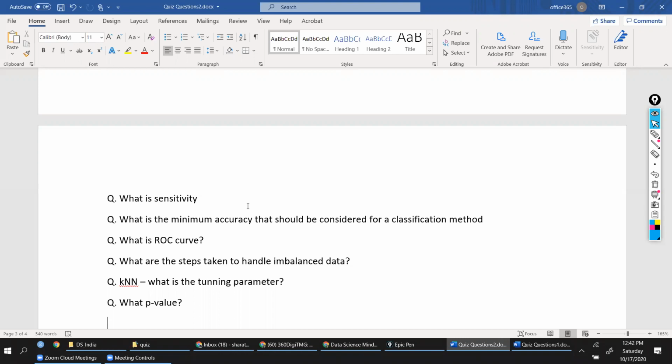What we are doing basically is we are trying to estimate a result.